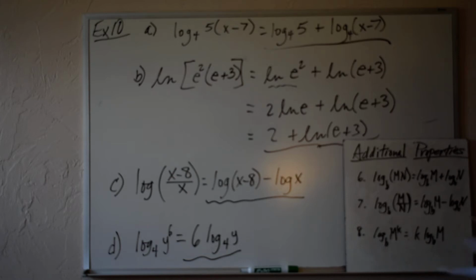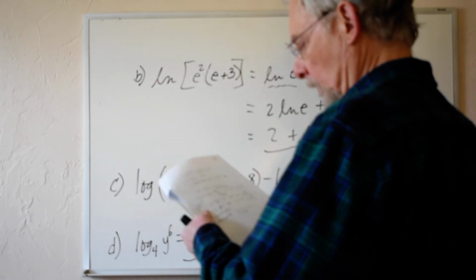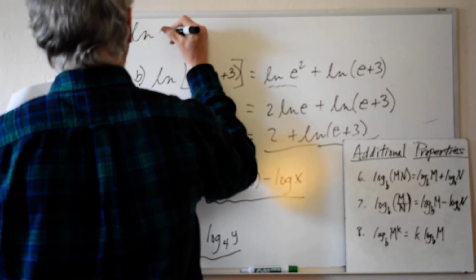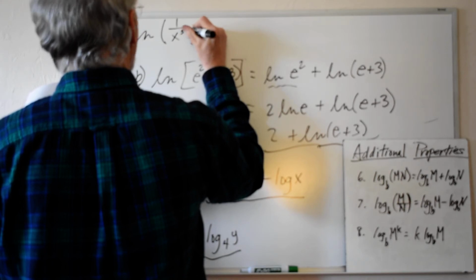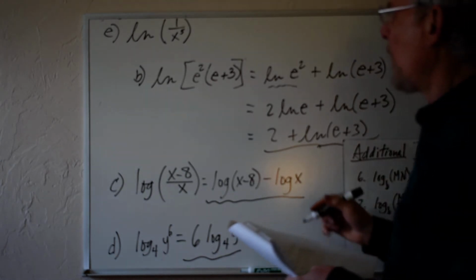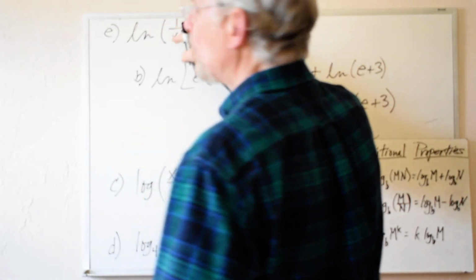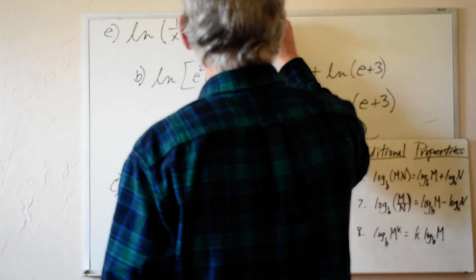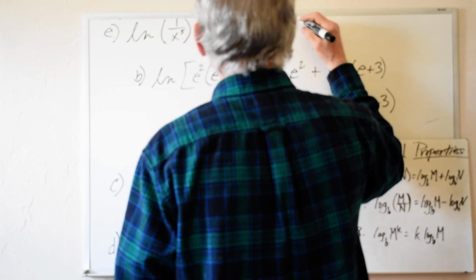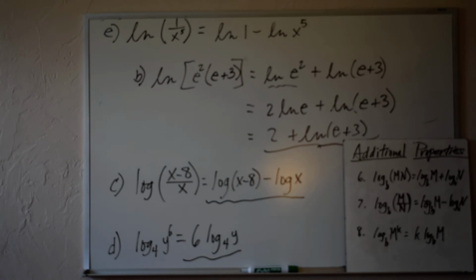Finally, let's go to part E. The natural log of 1 over x to the 5th. How can we simplify this? Well, it's a division problem. So the log of two things being divided is the difference of their logs.